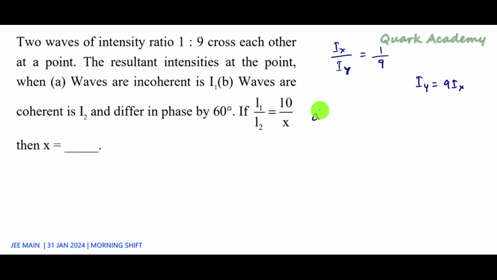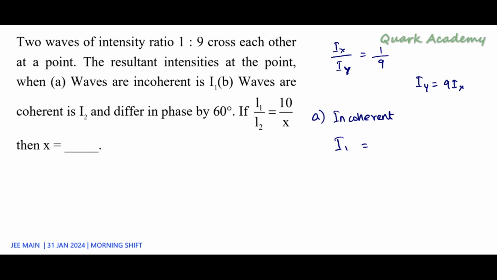Now, in the first case, those two waves are incoherent. They are meeting at a particular point. At that particular point, the intensity is given as I1. When they are incoherent, it means they are made up of two different wavelengths.